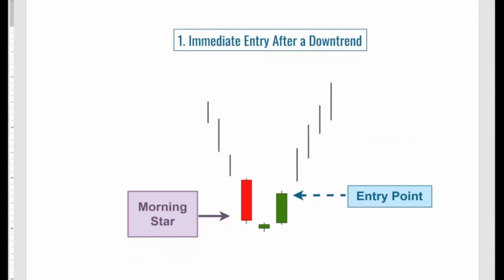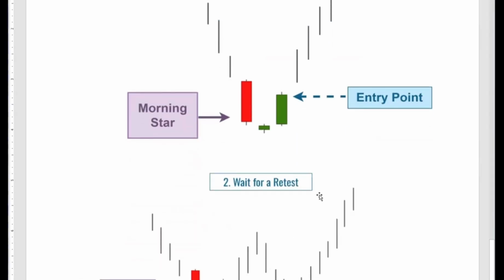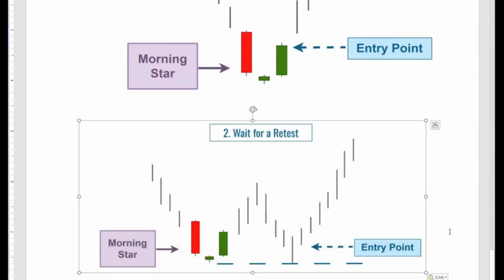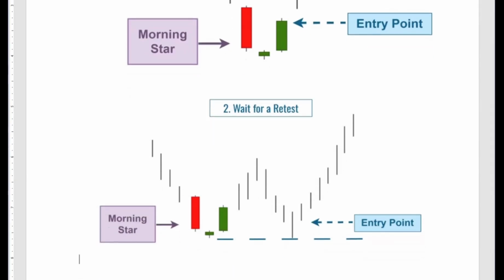You can also wait for a retest. This is going to be a safer option for all traders. The advantage is that a successful retest of the support established by the Morning Star provides additional validation, reinforcing the pattern's credibility as a bottom reversal indicator.